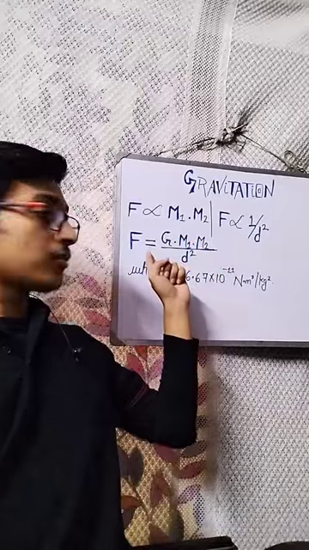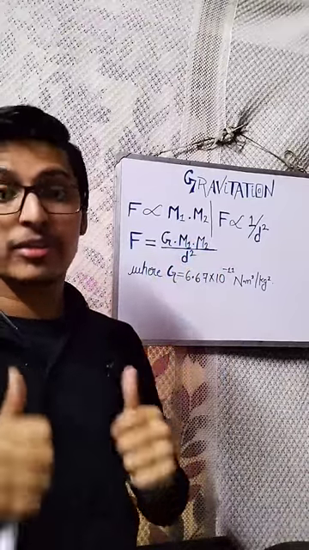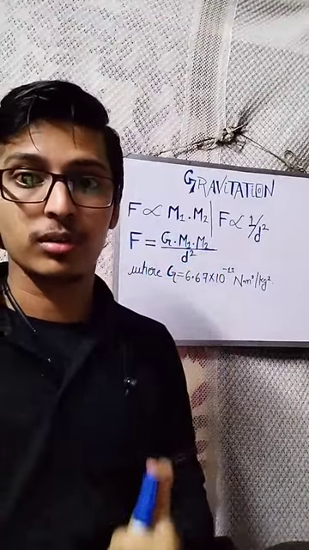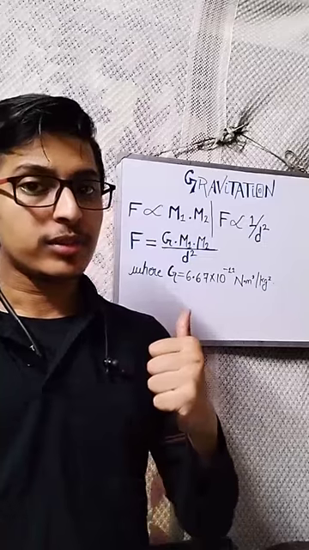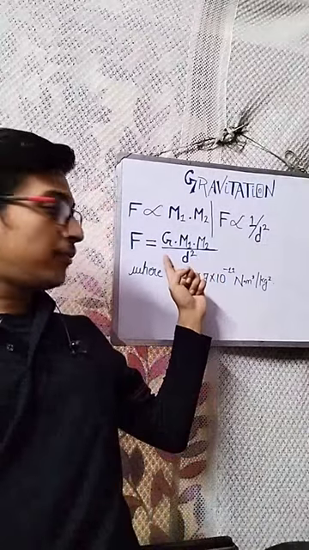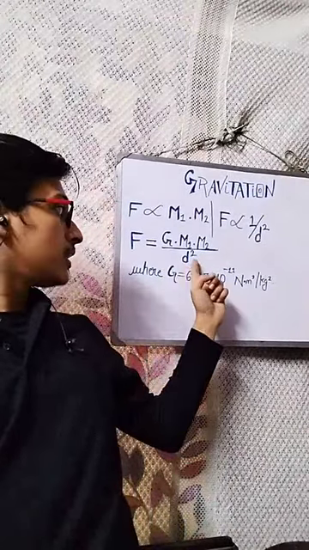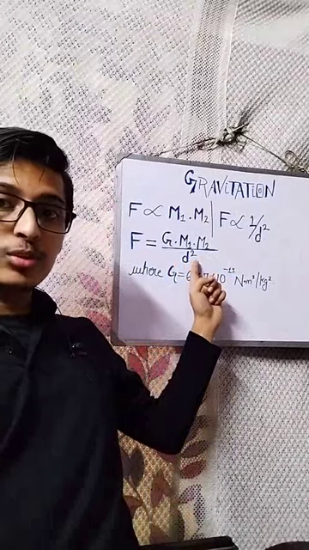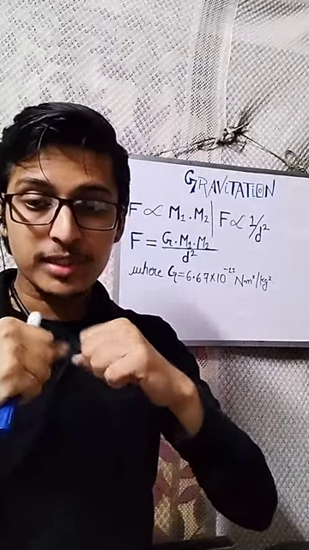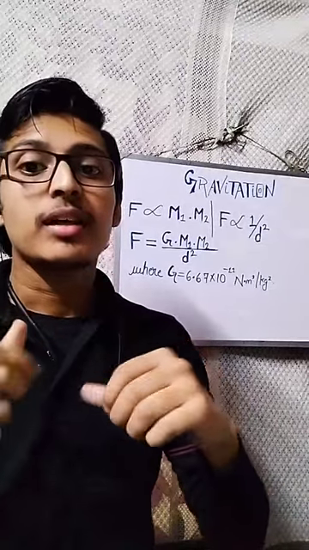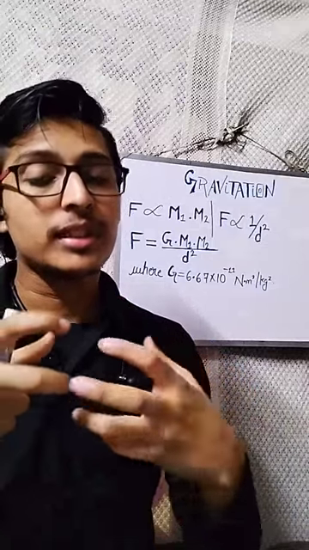So the effect of gravitational force is very strong in the celestial objects. And as we can see, the force of gravity is inversely proportional to the distance squared. So the distance between the centers of both the objects, if you square it, is an inverse square, it follows an inverse square law.